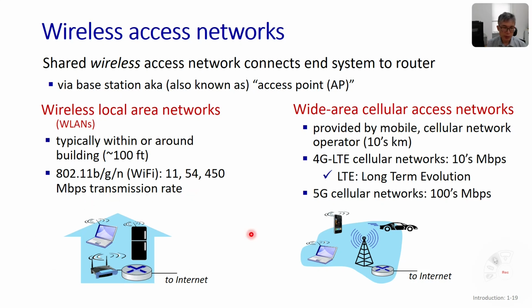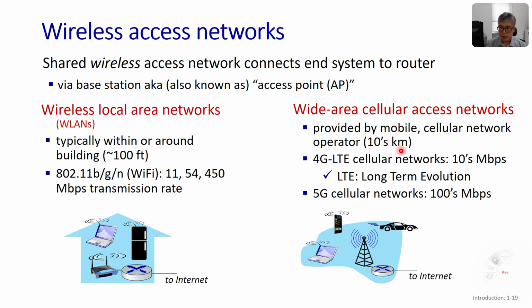So this is the local area network, LAN, for home, small place or small office. On the other hand, the cellular network's coverage is larger than the local area network. This coverage is 100 feet.